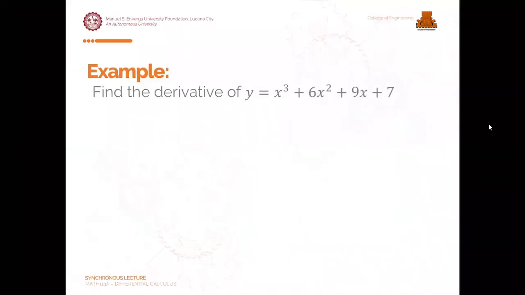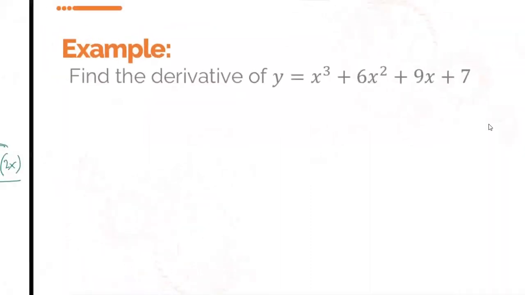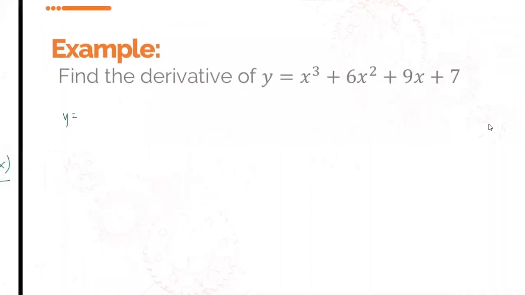Next, we have derivative. Find the derivative of y is equals to x cubed plus 6x squared plus 9x plus 7. So, derivative lang tayo ng sum. Okay? So, we have y is equals to x cubed plus 6x squared plus 9x plus 7.